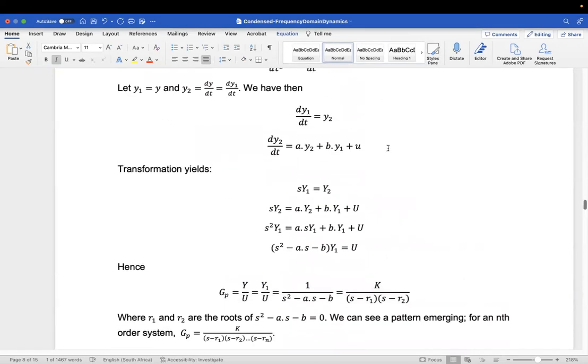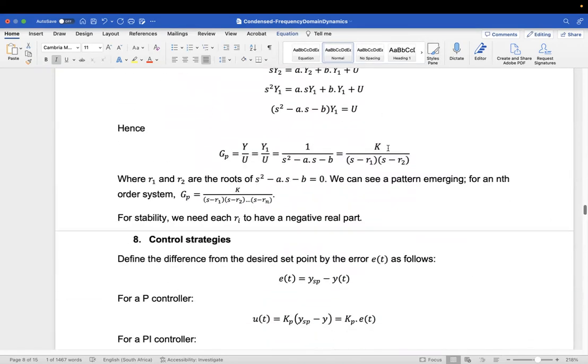And if you keep doing this, you could do this for third order and fourth order until we're well enough satisfied, or better if we prove it by induction, which I haven't done here. But if we have an nth order system, then we can show that the transfer function will have that form. So 1 over (s minus r1) up to (s minus rn). So for an nth order system, that's what we have.